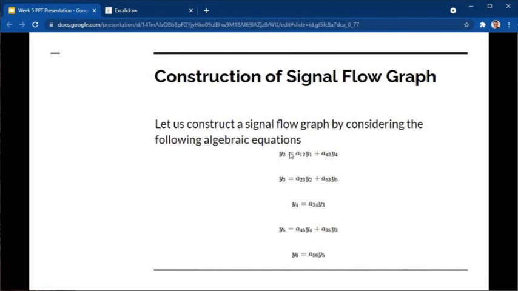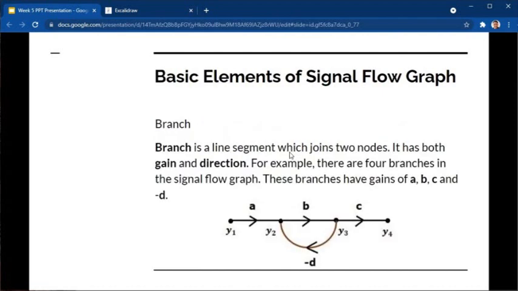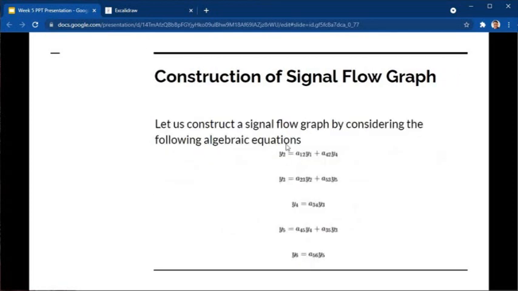Going back to our previous example, remember that y sub 3 is equal to the signal going to y sub 2 times b, because b is the amplification of the signal that will enter y sub 2. So we can say that y sub 3 is equal to b times y sub 2. So in this case, y sub 2 is actually a node, and the signal that should enter node y sub 2 should be equal to this signal.